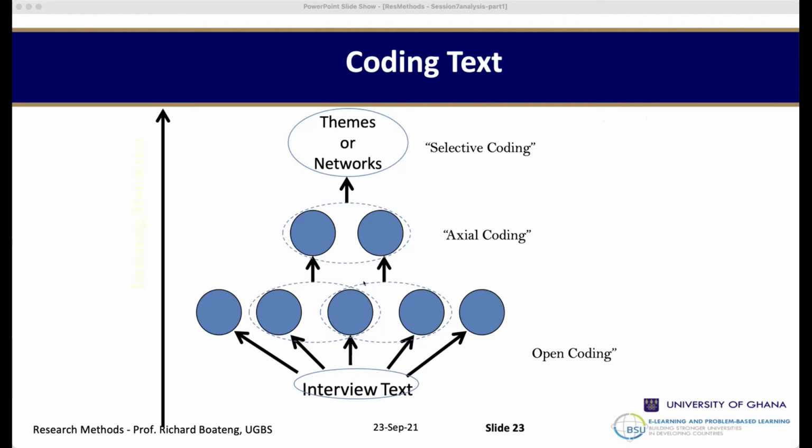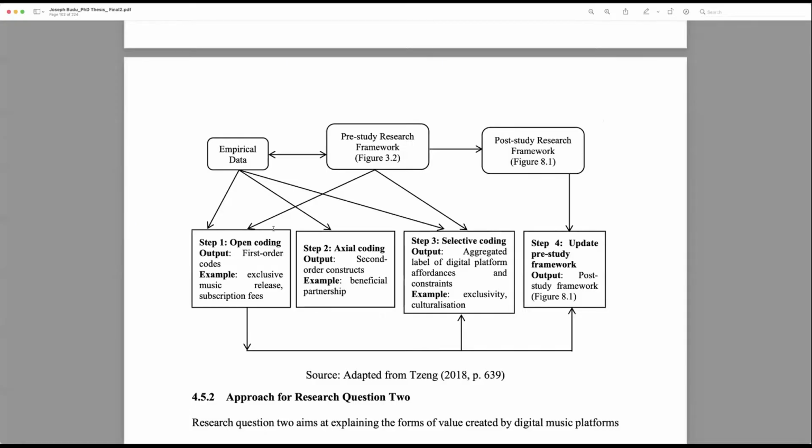Let's look at it here. I'll show you different thought processes. So this is where his empirical data led to open coding, where first order codes were generated. Then he went to axial coding when he did second order constructs. So for example, first of all, he saw exclusive music. He was doing something in the music industry.